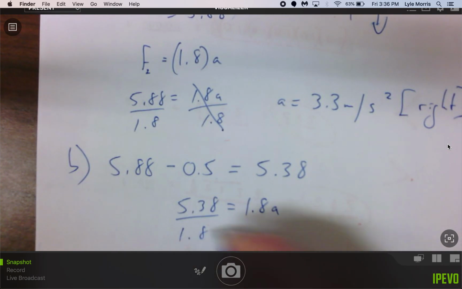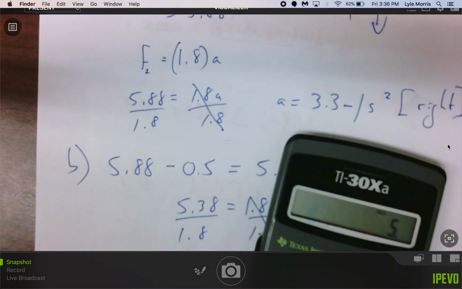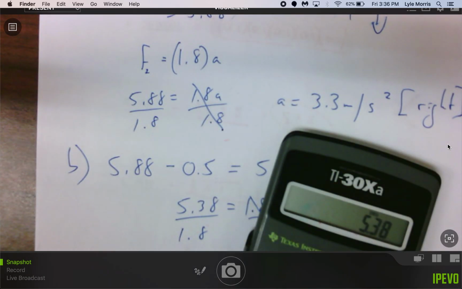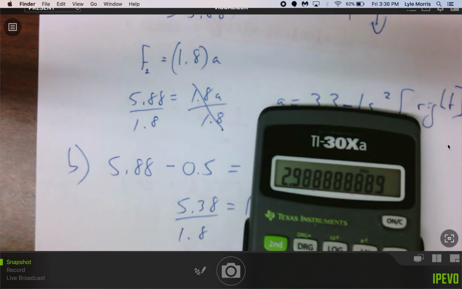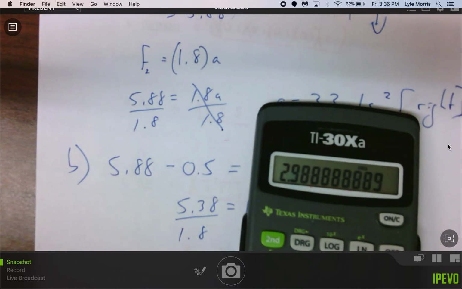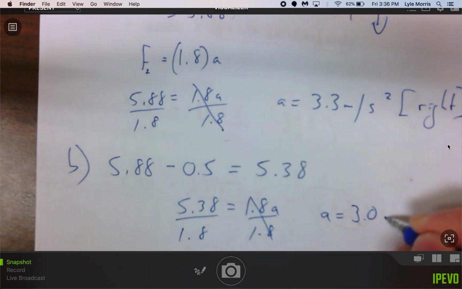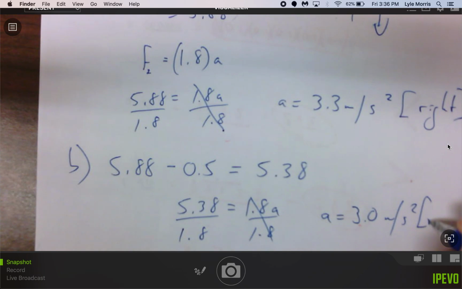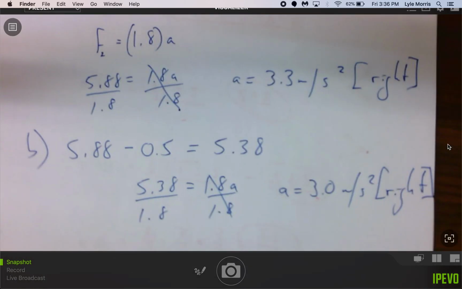Divide both sides by 1.8. So it's going to be 3.0. We can't just say 3, we have to have two sig figs. So acceleration equals 3.0 meters per second squared. Still talking about the cart, so it's to the right.